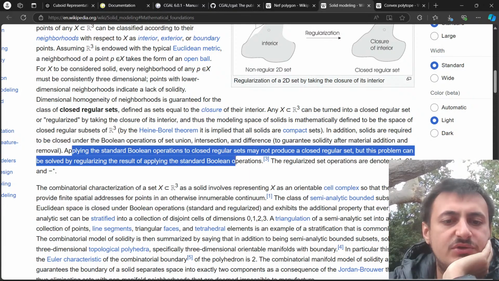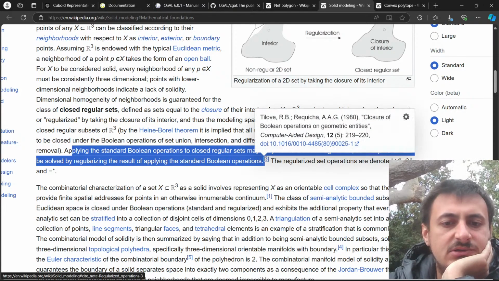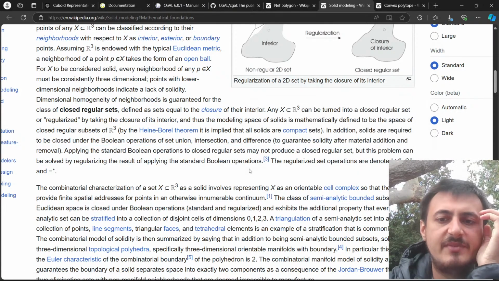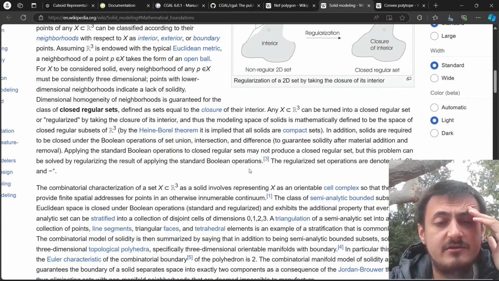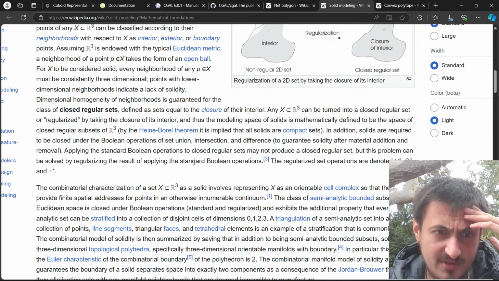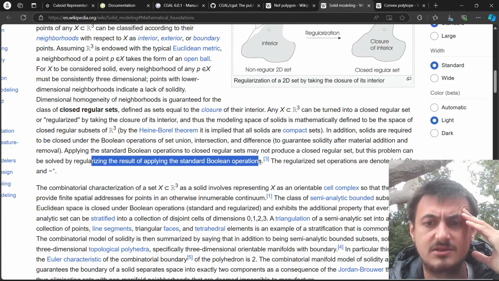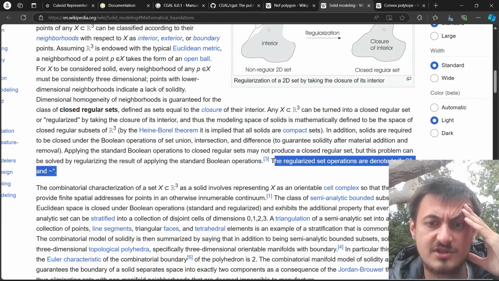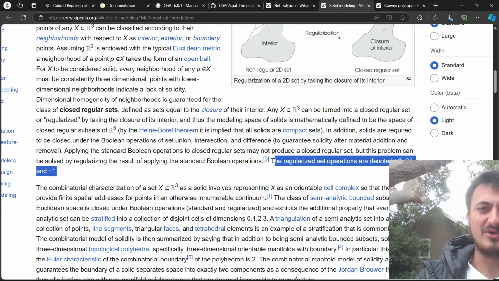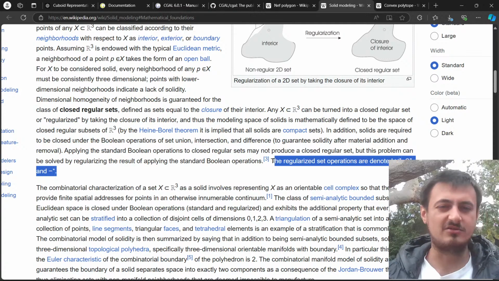Applying the standard Boolean operations to closed regular sets may not produce a closed regular set. So I'd like to see an example of that. But this problem can be solved by regularizing the result of applying standard Boolean operations. So you just define a couple of useful operations that call regularize after it.